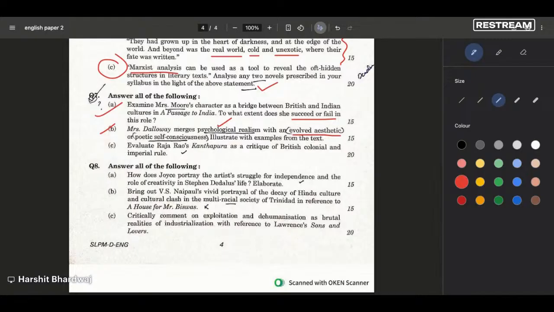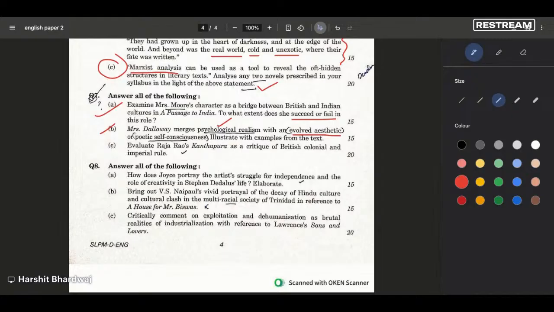See, Septimus was going through PTSD, and for his wife or for other people, even for the doctor, it was hallucinatory. It was no real sickness. But for him, it was real. It was very much real. So that is why it is called psychological realism.